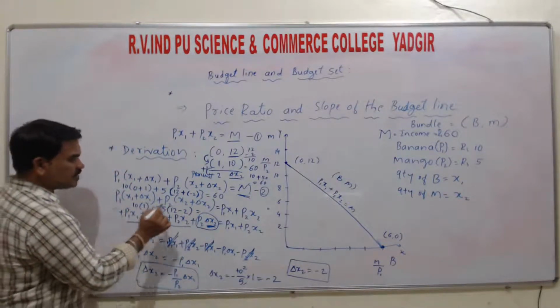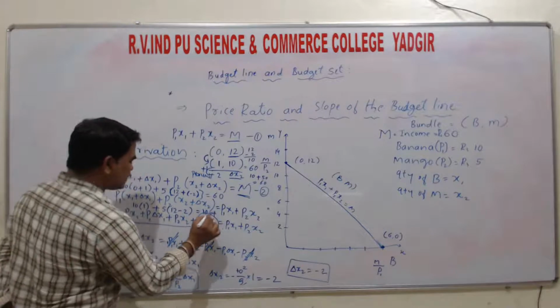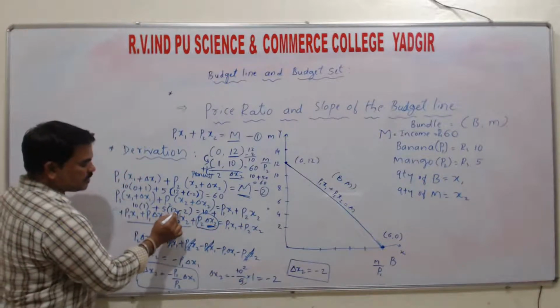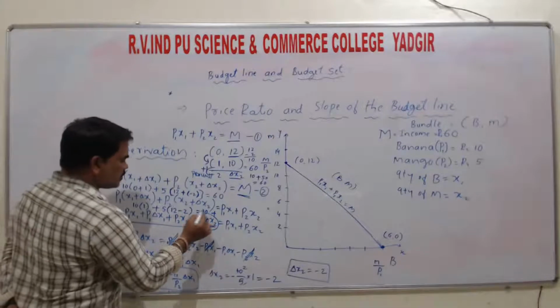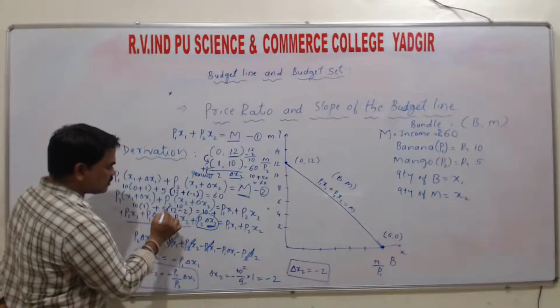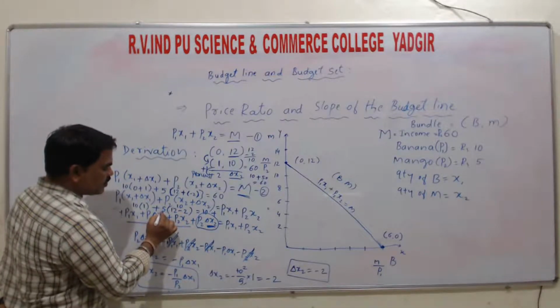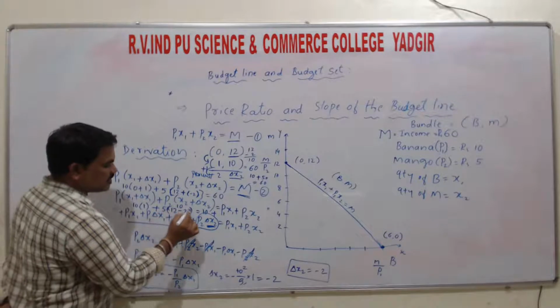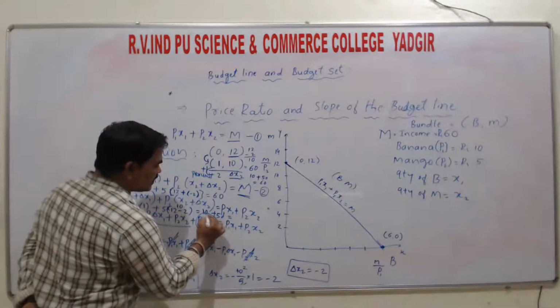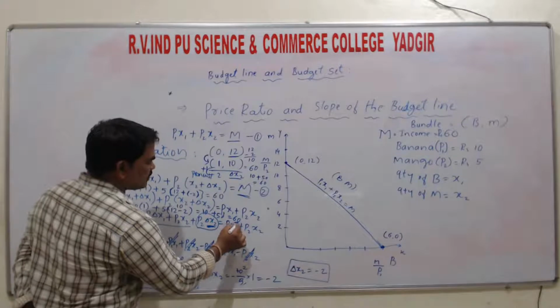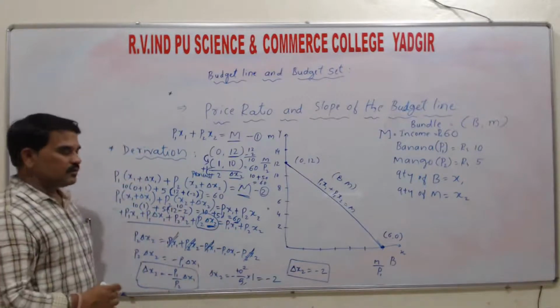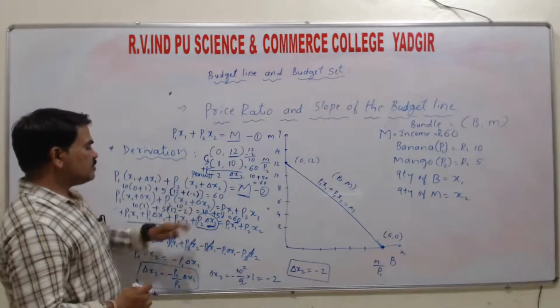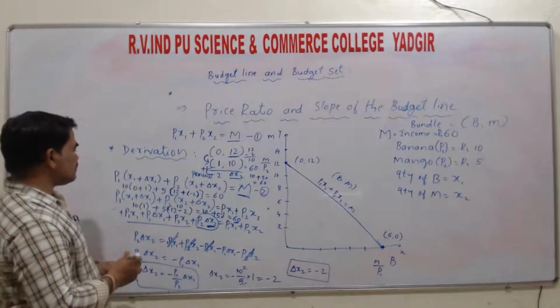So 10 into 1 is 10, plus 12 minus 2 is 10, correct? Here it is 10. What is the price here of mango? 5. 5 into 10 is 50. Then it gives us 60 rupees, the income of the consumer. So this is how we can derive this equation.